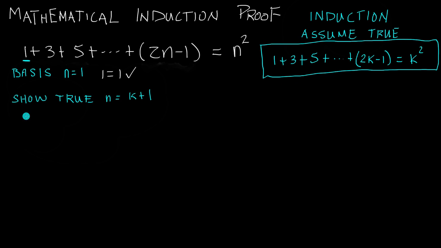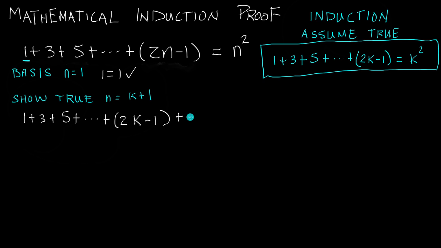The way we do that is we just write 1 plus 3 plus 5 plus, and then we go all the way up to the n equals k term, so 2 times k, placing k where n is, minus 1. This right here would be for n equals k, but we want to show that it's true for n equals k plus 1, so we need to add that next term.